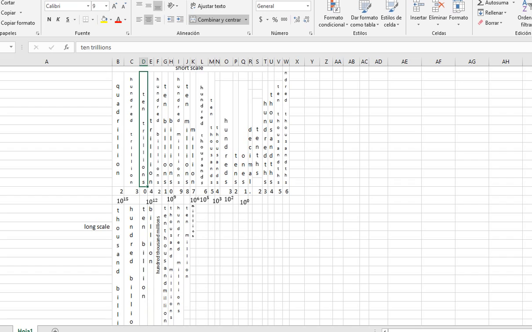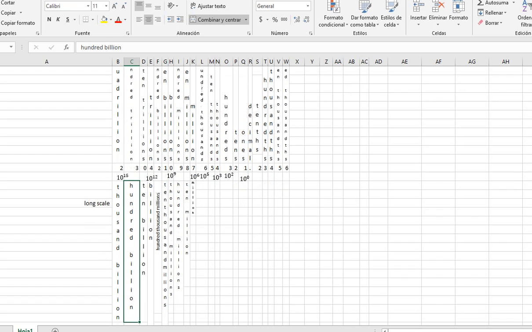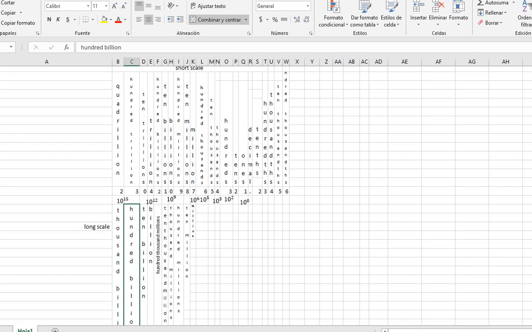Then you have 10 trillions in the short scale, but you have 10 billions in the long scale. You have 100 trillions, but in the long scale is 100 billion.